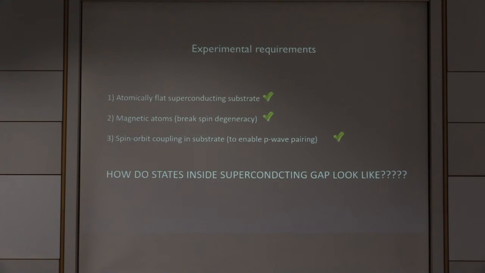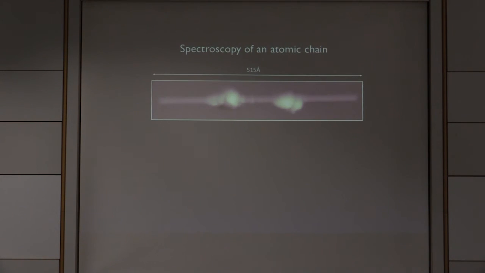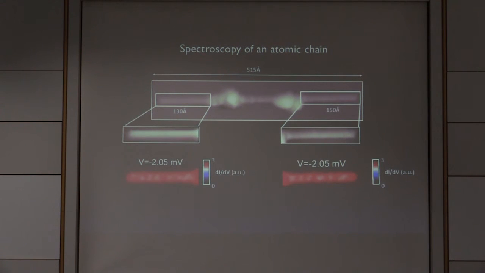So now, when we have these ingredients in place, we can ask ourselves how the states inside the superconducting gap look. For that, we chose a particular nicely looking wire which has two clean segments, and then we can zoom in and measure the spatially resolved density of states as a function of the voltage that you use.